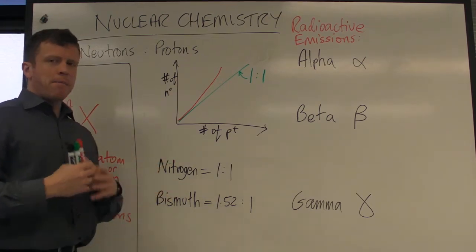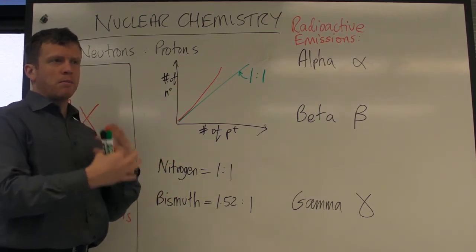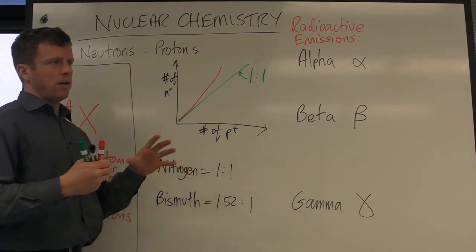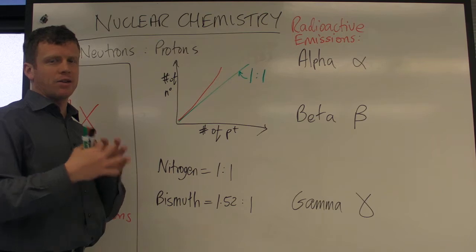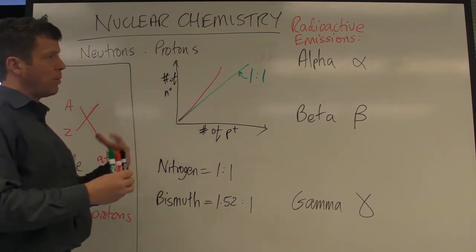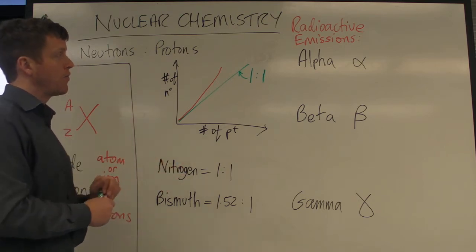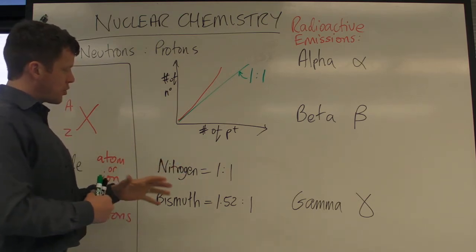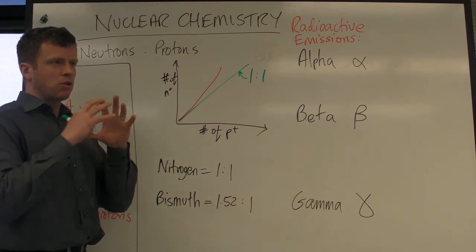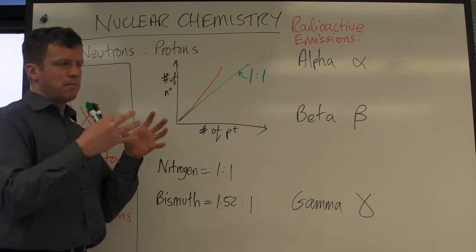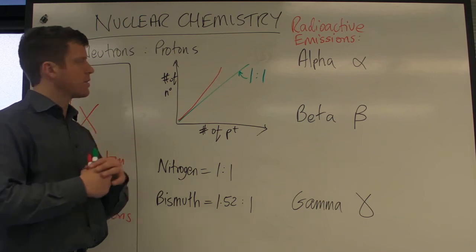So as elements get bigger, though, as you add more protons, you need more neutrons to keep the nucleus together, to act as the glue. And the more complex version is the quarks and the meson interaction, but we're not going to go there in this video. But just know that as the atom's nucleus increases in size, you need more neutrons to help maintain that nucleus.